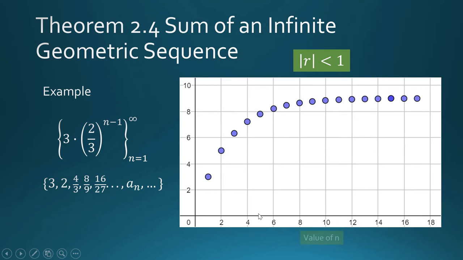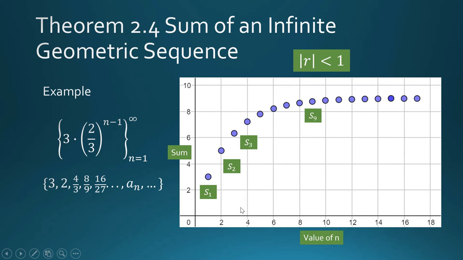This graph shows the sum of the terms of our geometric sequence as a function of n. When n is 1, the first sum is S sub 1, which is equal to 3. When we add 2 to 3, it produces a new sum, which is 5. And we add 4 over 3, that gives us another sum, so on and so forth.